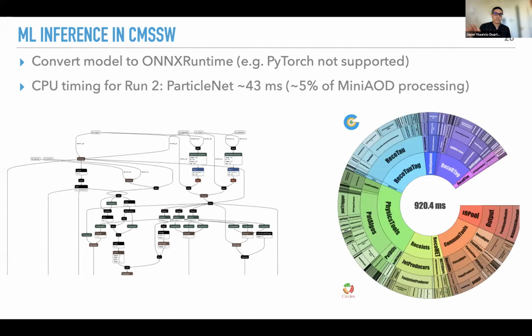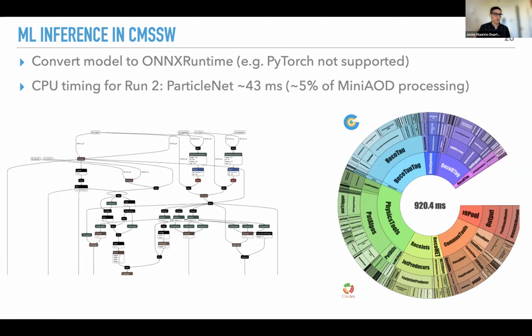And what you see is that, sorry, I should have highlighted which part I'm referring to, but basically out of this 1000 milliseconds, or 1 second, of processing time for this step of data processing called MiniAOD, ParticleNet, just running all these different flavors of this algorithm, actually accounts for about 43 milliseconds of the inference time.